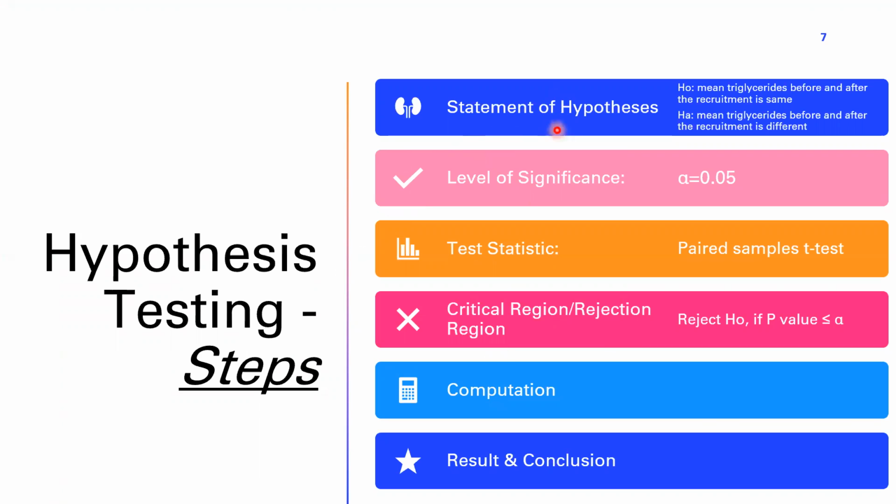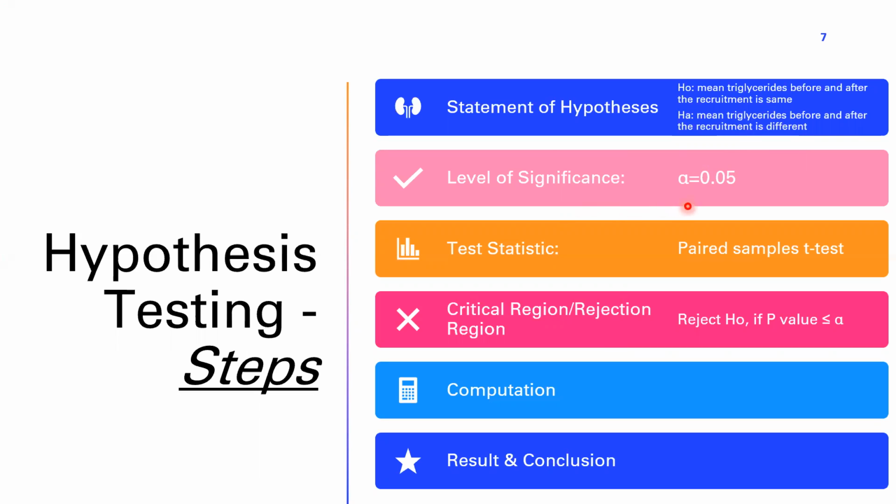So we have to make the statement of the 6 steps. The first step is the statement of hypothesis: one is the null hypothesis and another one is the alternative hypothesis. The null hypothesis contains the equality, and the alternative hypothesis is just contradictory to the null hypothesis. In our case, the null hypothesis is that the mean triglyceride level of the telephone operators before and after the recruitment is the same, and the alternative is that the mean triglyceride levels before and after are different.